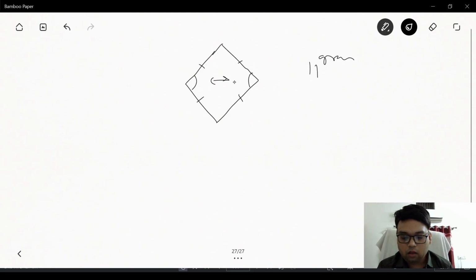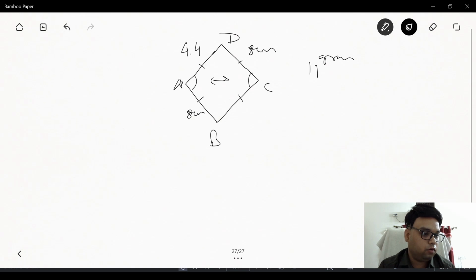But in ABCD, firstly use notation ABCD, here AB and DC are 8 centimeters, but BC is 4.0 and AD is 4.4 centimeters.